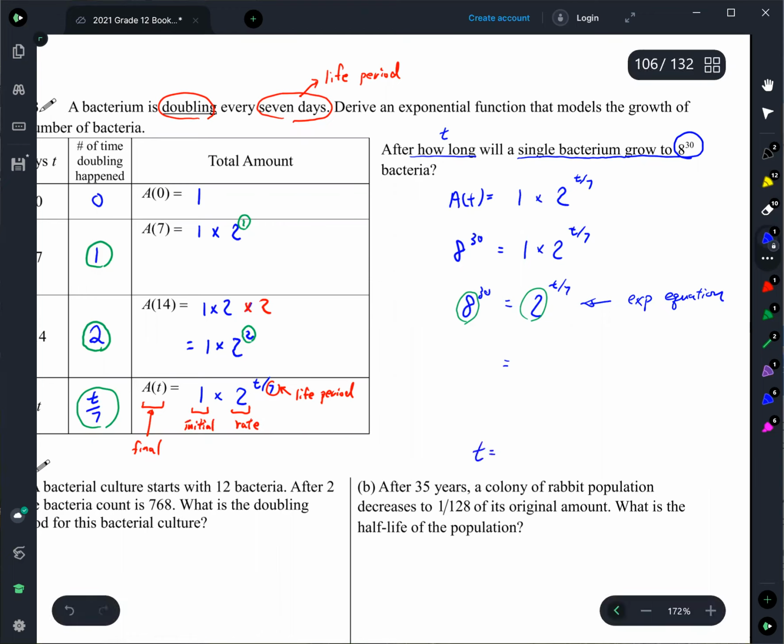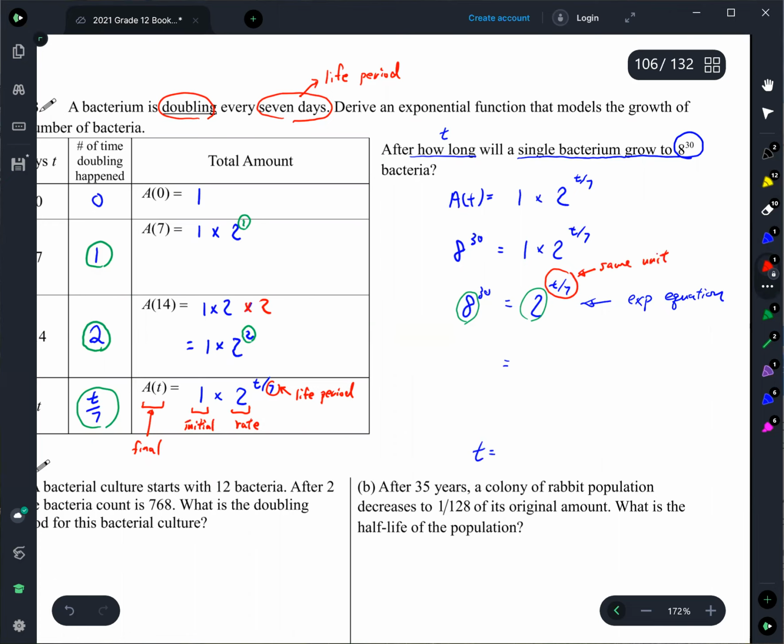So T equals... the unit will be days, okay? So these ones, the T and the 7, they should have the same units.